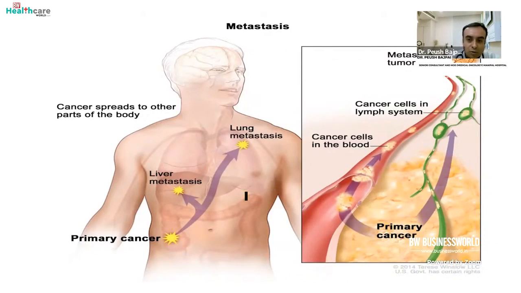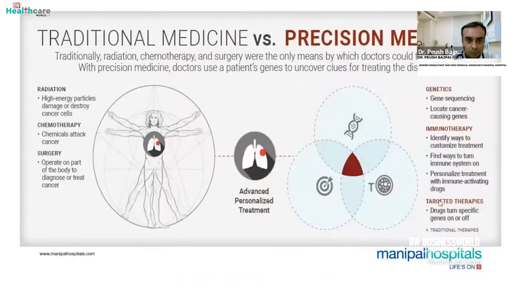So this happens through spread via the bloodstream. It can also spread through the lymphatics. The green channel over here is the lymph node. This is the parallel pathway alongside the bloodstream, where the plasma or lymph travels. That's the white part of the blood.